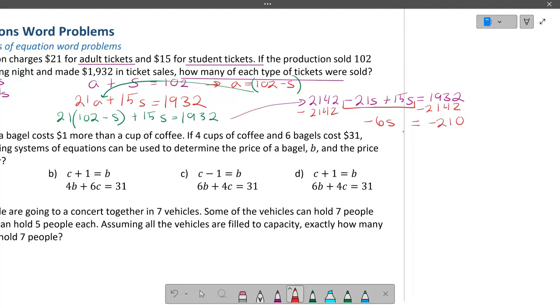All right. So S equals 35. Yep. Now I need to find A.